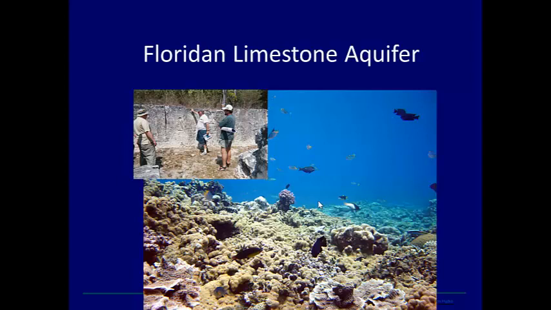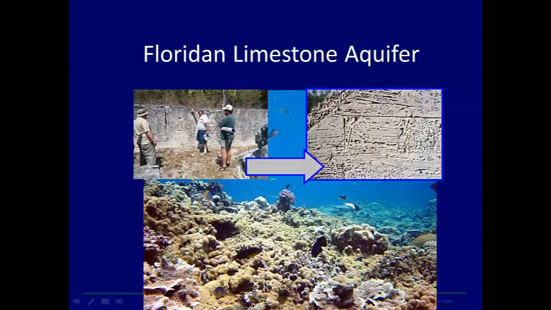And this is a limestone quarry in Florida, and you can see a very nice exposure of some of this aquifer material. If we zoom in on this face where this guy's looking, we see that the material looks like this.